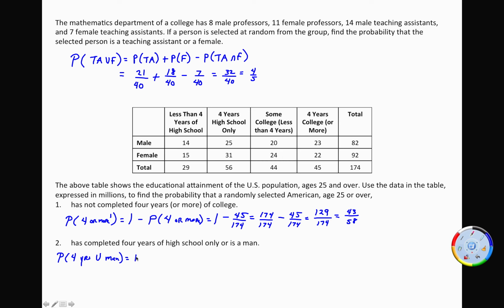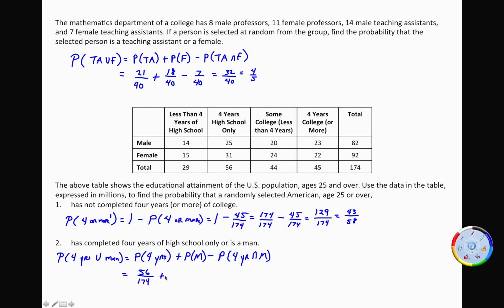Well, that's the probability that they did 4 years only, plus the probability that they're a male, minus the probability that they did 4 years and they're a male. So let's see what this is. Probability of 4 years only. 4 years of high school only is 56 out of the total 174.